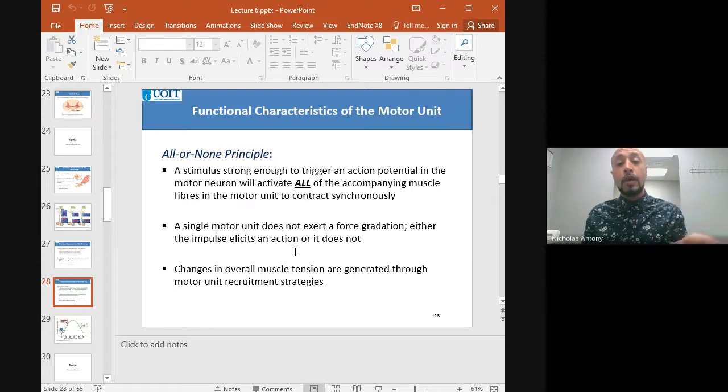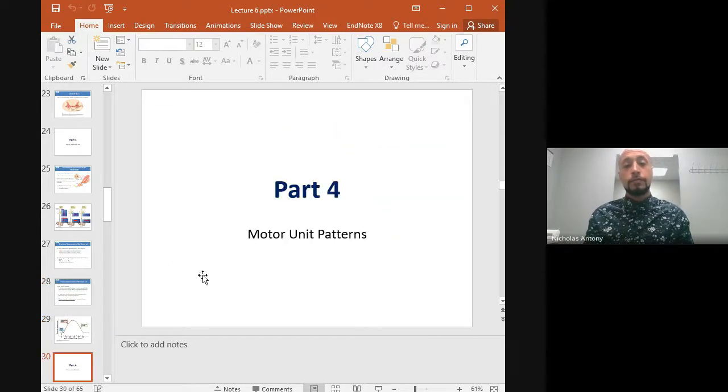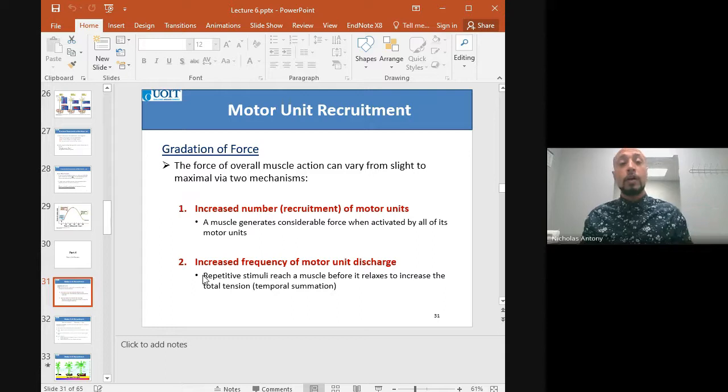And so what we're going to talk about now is motor unit recruitment strategies. To have a gradation of force, a gradient of how much force you can produce in the muscle, you're going to be recruiting more and more motor units. So let's say we had our biceps muscle, and there were, hypothetically, 100 motor units in it.